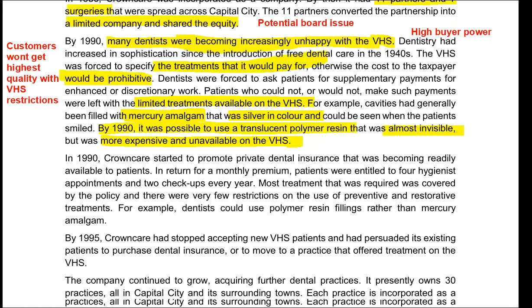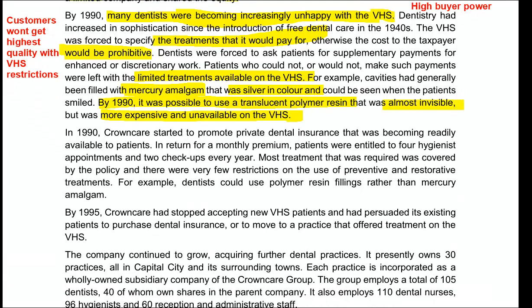So as we move down here, we can see that Crowncare decided to promote private dental insurance to ensure that they can have customers who are able to access these high quality treatments without too much of a high cost, so that they actually use the VHS system. It explicitly states that there are very few restrictions on the use of preventive and restorative treatments.